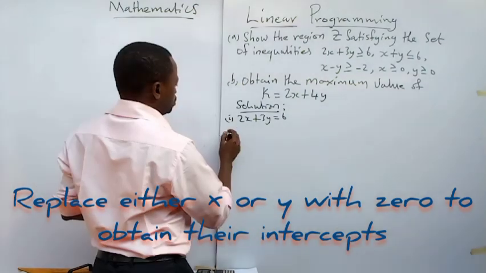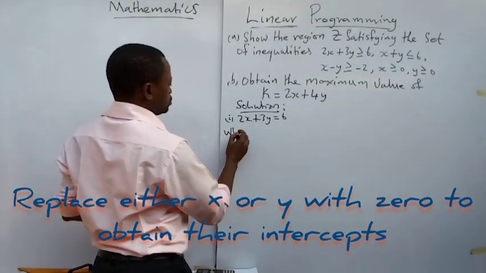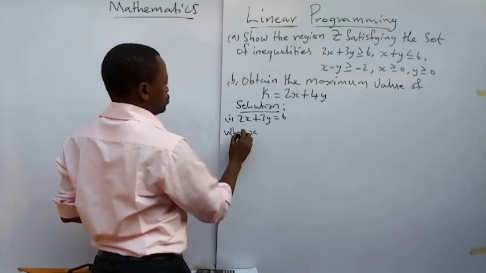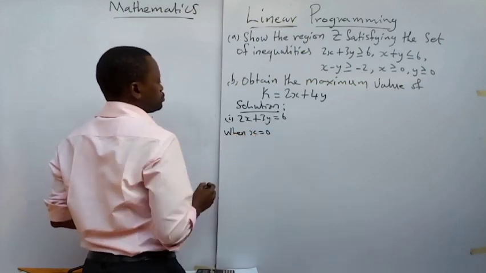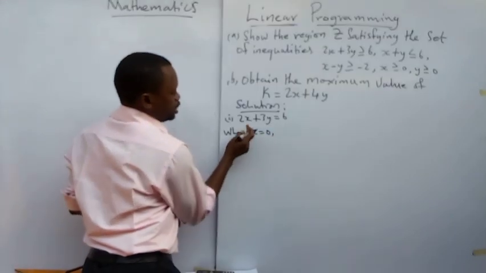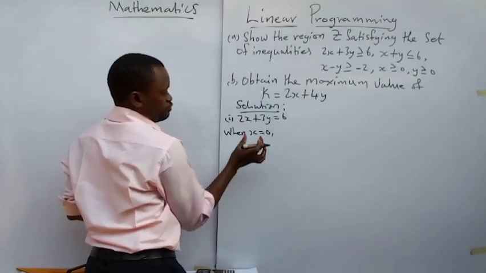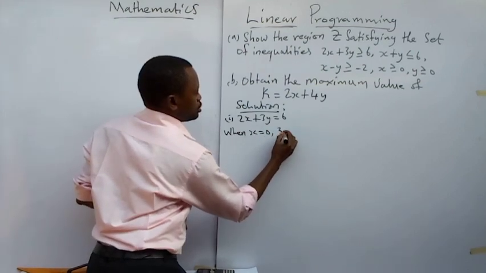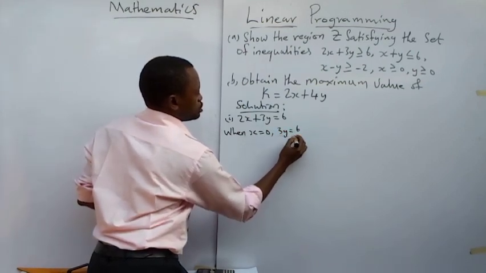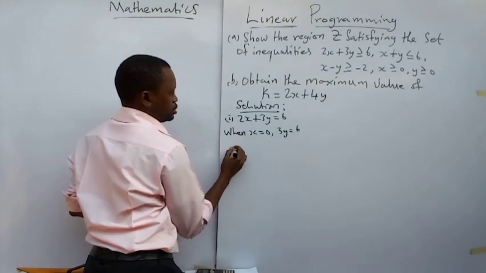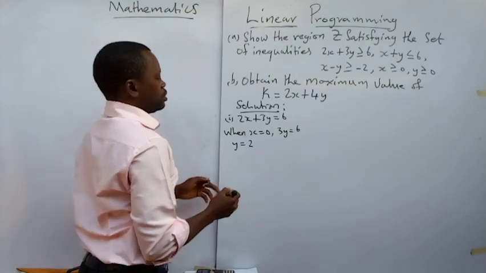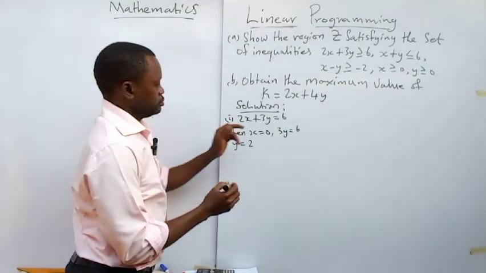So when x is equal to 0, this term will vanish and this will remain. We will have 3y = 6, and of course y will be equal to 2, when you divide both sides by 3.